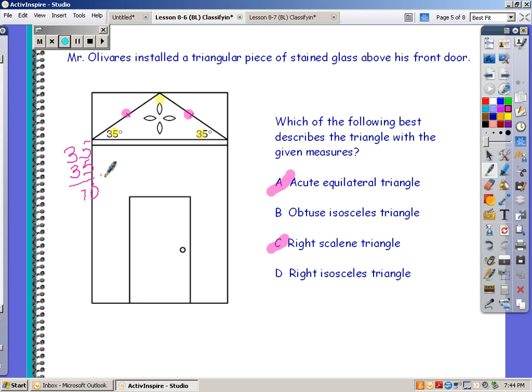If I know that all angles in a triangle add up to 180, then 180 minus 70 is 110. So this angle right here must be 110 degrees. It's not right if it's greater than 90. It must be obtuse. I hope you got that one right.